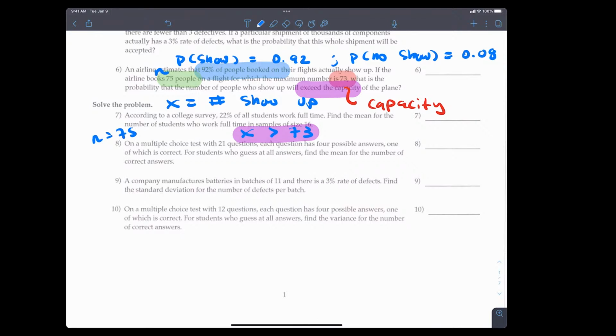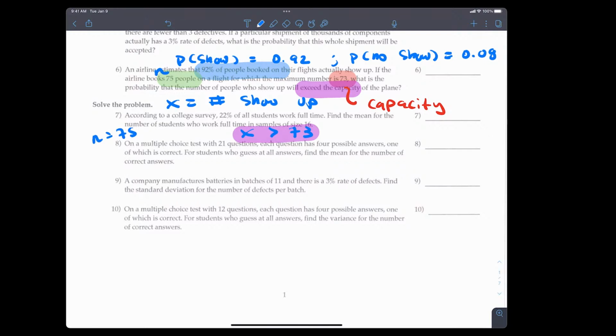So if we really think about it, this is kind of what airplanes actually do. This is the management scheme on airplanes. They'll say to you, we only have a capacity for 73, but we're going to overbook by a few. There's going to be a chance that we have a problem, that they exceed the capacity. What's the probability you exceed the capacity, which would be what percent of the time do you exceed the capacity?